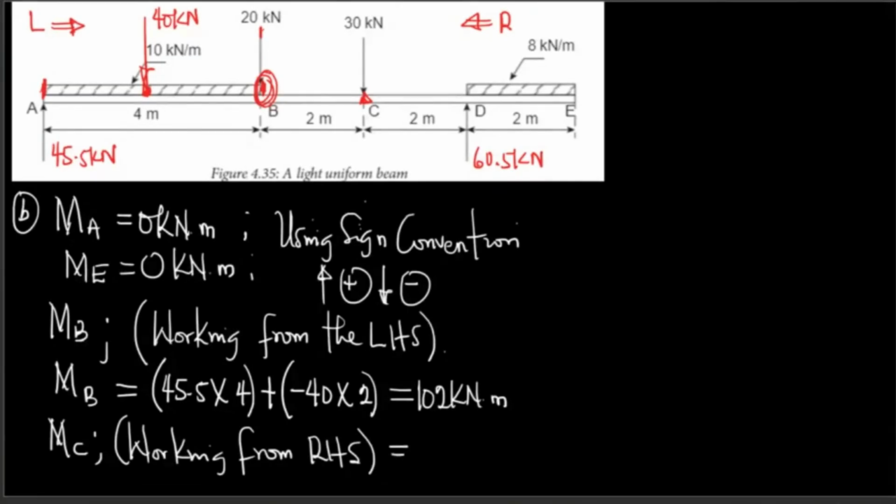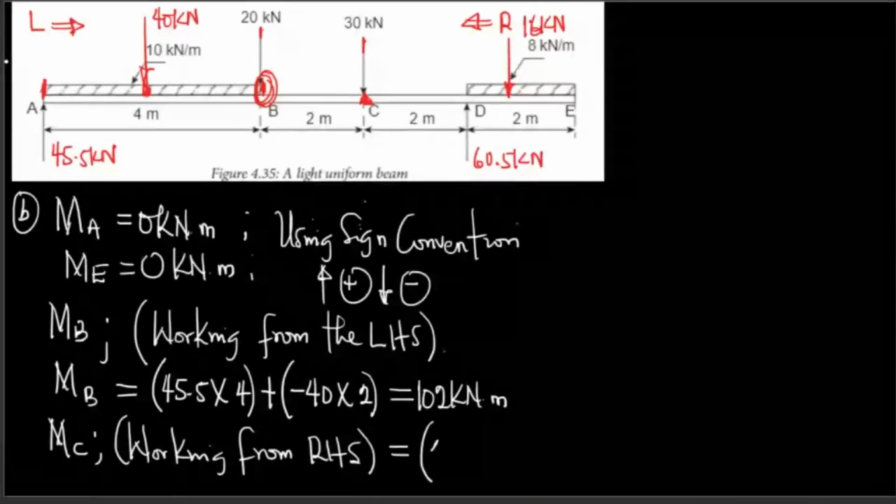Let's calculate that of C. So for that of C, it is at this point here. We want to take moment about this section. So I'm going to walk from the right to that section. Now, you must remember that there is a force here, which is what? 16 kilonewton. So I have two forces, which is 60.5 and 16.